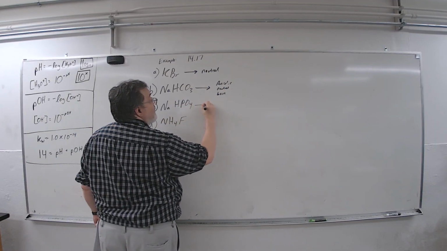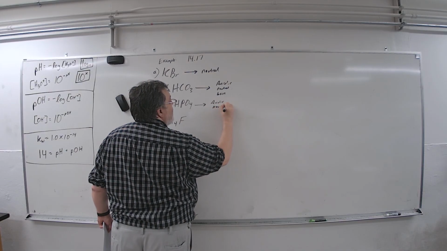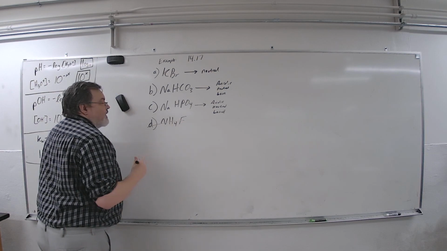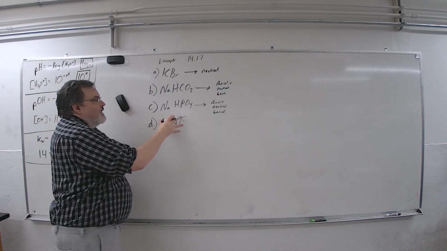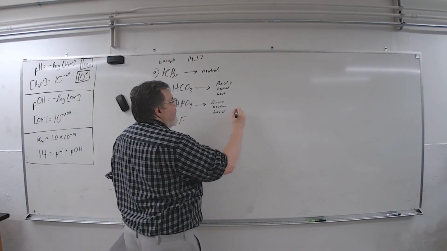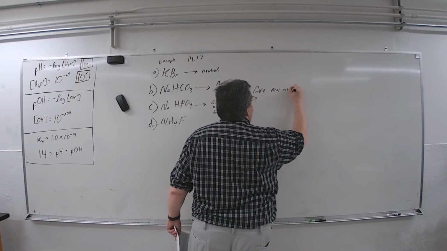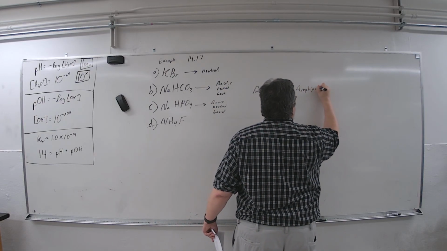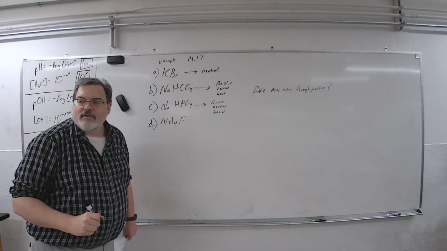In this one, and really kind of ignore that one for now. What I want you to do is think about the ions these become, and think of that as a first answer to this question.